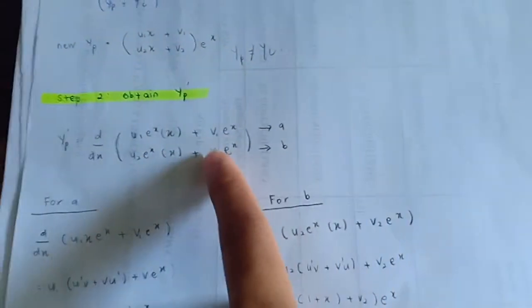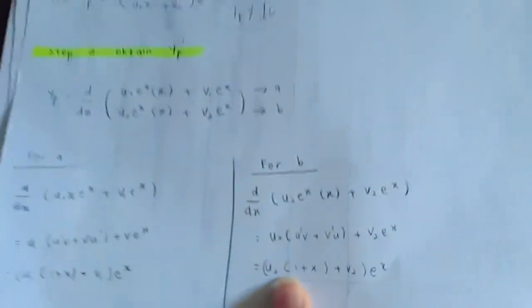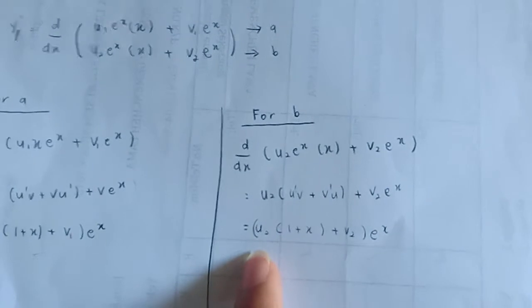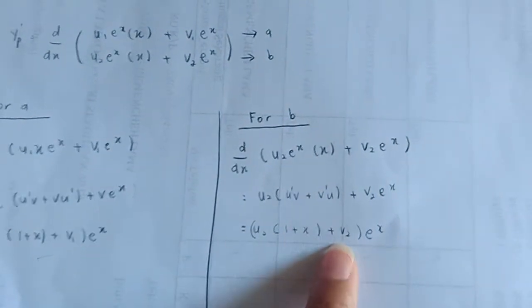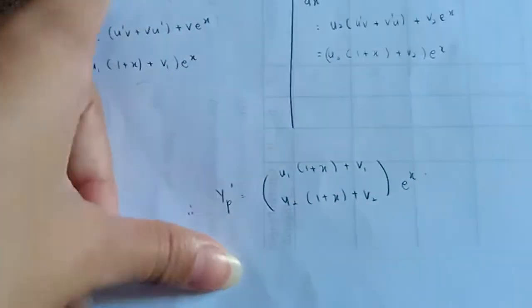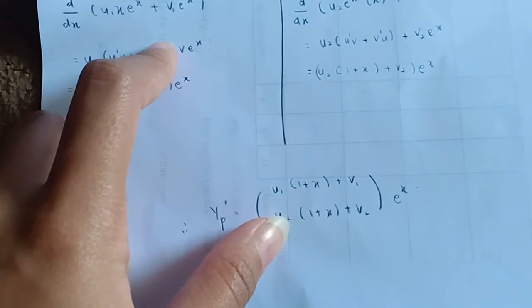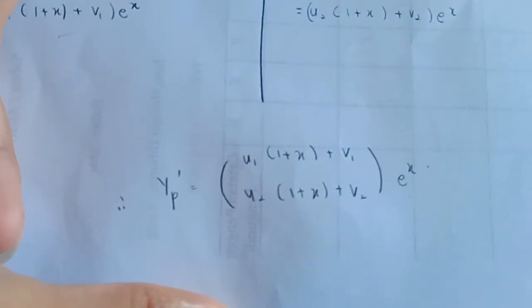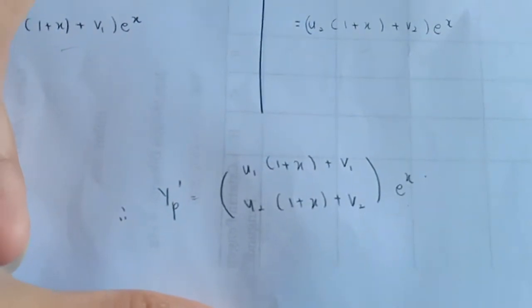It is the same pattern as B. I apply the product rule as well, and I get (u2 (1 plus x) plus v2) e^x. So this is our yp prime.